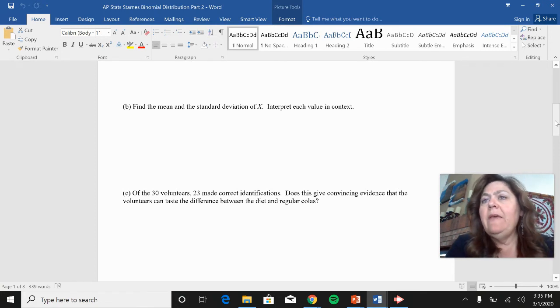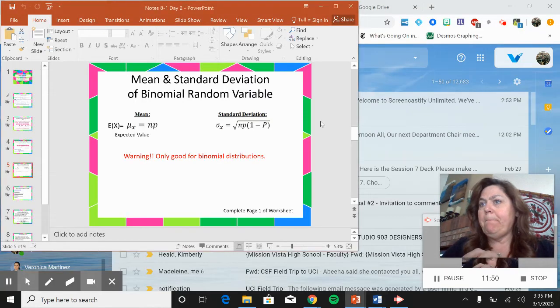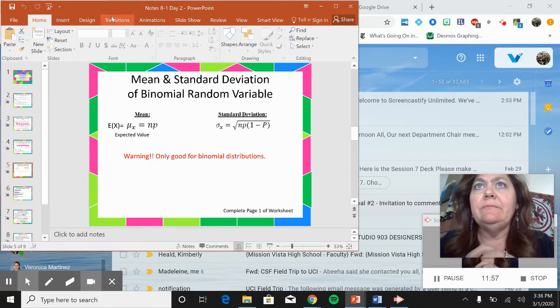Okay. And then it says of the 30 volunteers, 23 made correct identifications. Will that give you convincing evidence that the volunteer can taste the difference between the diet and the cola? So right now, stop the video, answer those questions, and then come back when you're done. There's your formula back up there in case you need to see it.